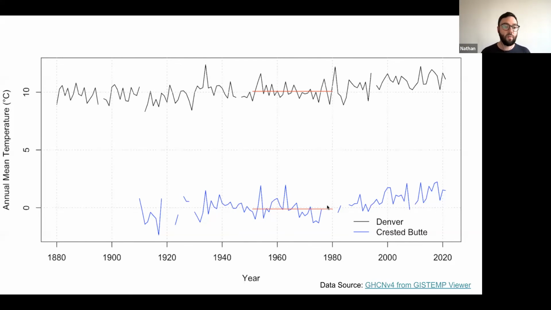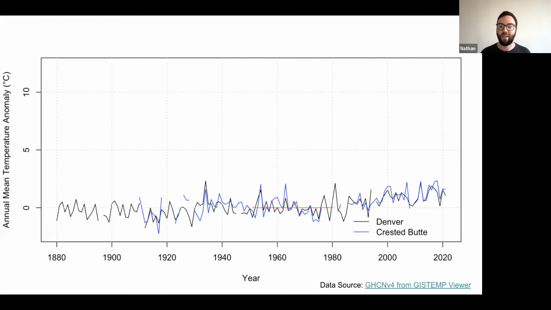And so now if we calculate the temperature anomalies of these two stations, we basically take each one of these data points and subtract the value of the red line from them. And some really magic happens. All of a sudden, these two time series look really similar. You notice now the y-axis label changed a little bit. We're now talking about the annual mean temperature anomaly.